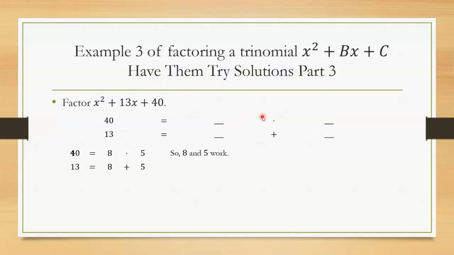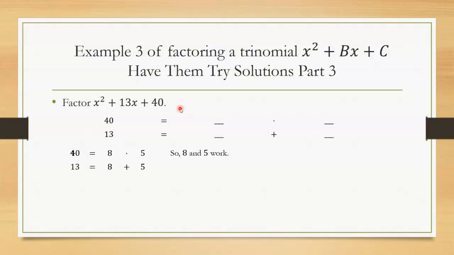So let's do this one, x squared plus 13x plus 40. If you try 10 and 4 here, it wouldn't work, because we need two numbers whose product is 40 and whose sum is 13.